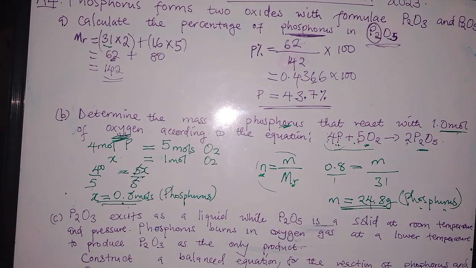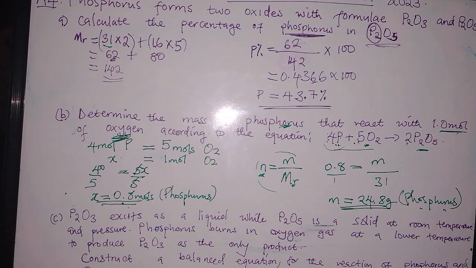Then we know that oxygen is in group 6, meaning it has a valence of 2. As I explained in my previous video for constructing a chemical equation, you have to swap the valences.